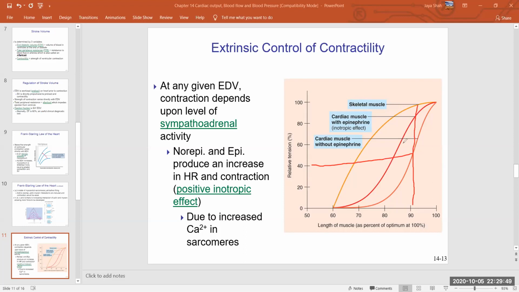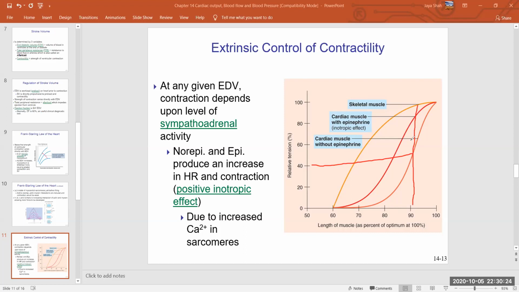The second is cardiac muscle with epinephrine, which is an inotropic agent, a positive inotropic effect. That means epinephrine and norepinephrine increase intracellular calcium, and that increases the calcium ions in the sarcomere so that the troponin and tropomyosin interact during muscle contraction.